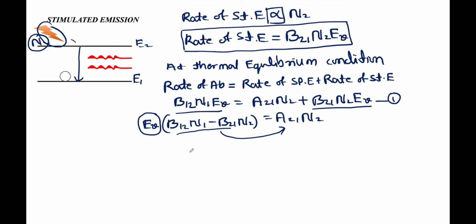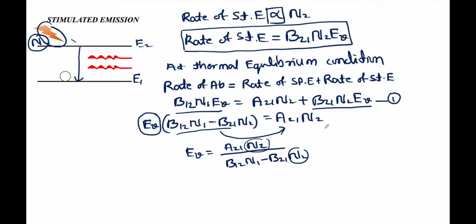So that means we can write E nu is equal to A21 into N2 divided by B12 into N1 minus B21 into N2. Okay. So we need to cancel out N2, but we can't do it directly.